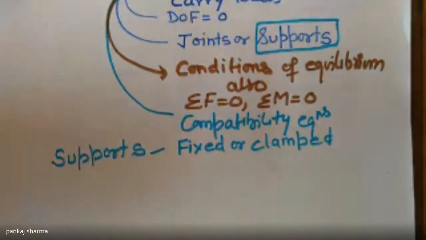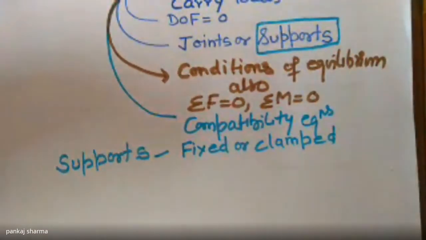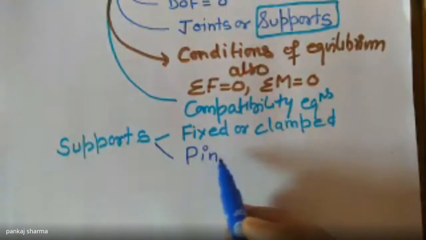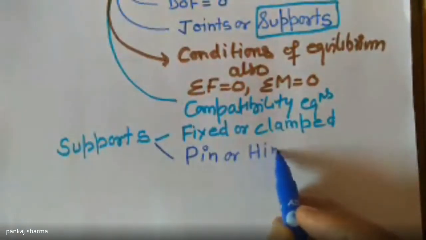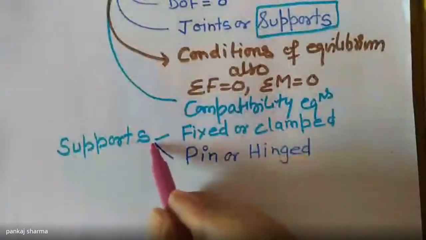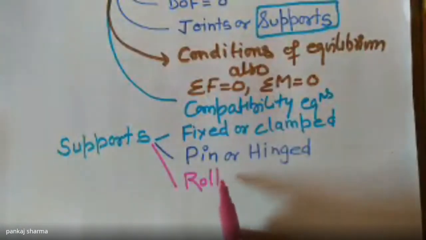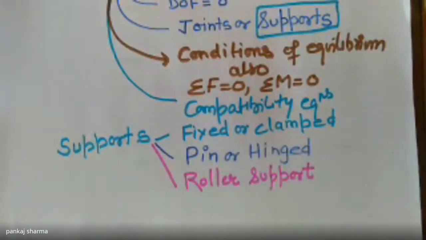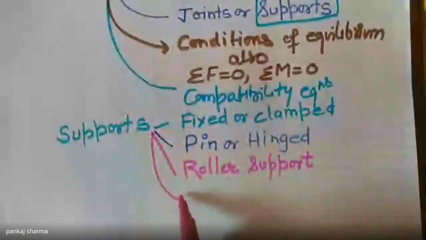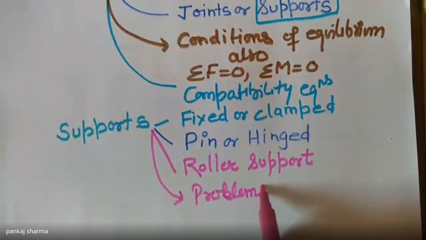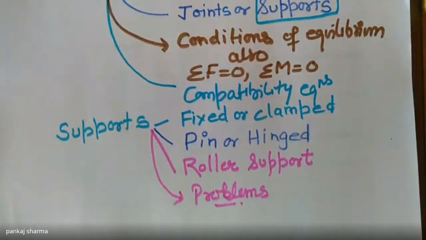Second support is the pin joint, pin or hinge support. And the third one is the roller support. And fourth, we will discuss numerical problems based on the nature of these supports.